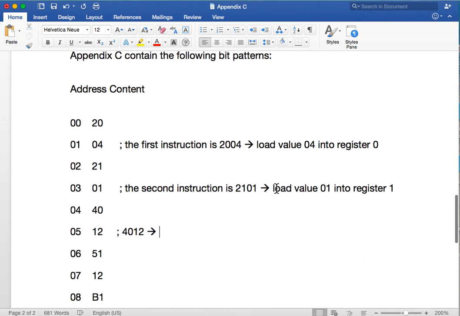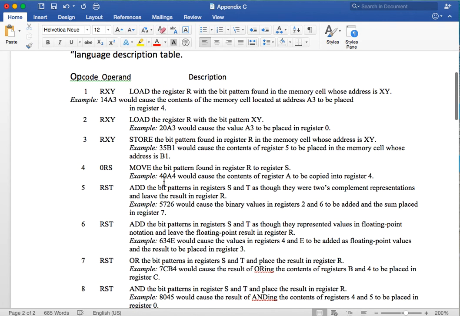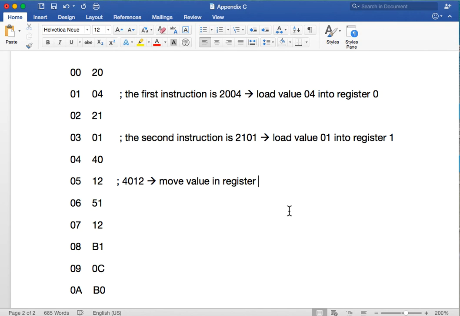So since 4 is move, you will move the value from the first register to the second register. Here you move the value in register 1 into register 2. Since register 1 has 01 by the previous instruction, register 2 also has 01 in it. So you continue to translate those, then you will know what this program does.